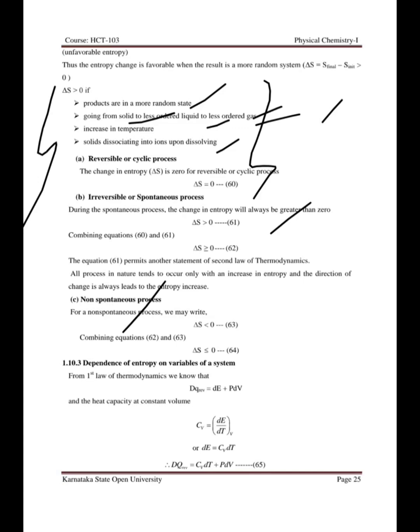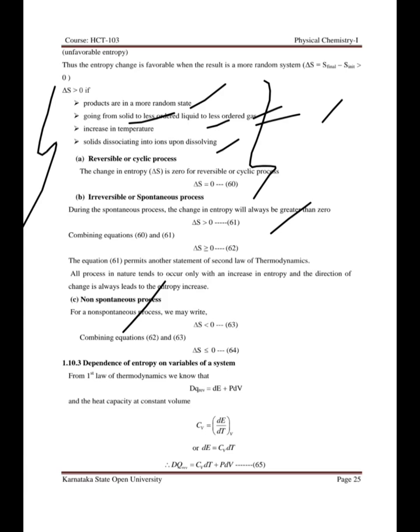And here, irreversible or spontaneous process, where delta S is greater than zero. So it cannot be reversed. The reaction will take place spontaneously. If delta S is greater than zero, meaning the temperature increases, the reaction will take place. So that is with respect to the irreversible or spontaneous process.